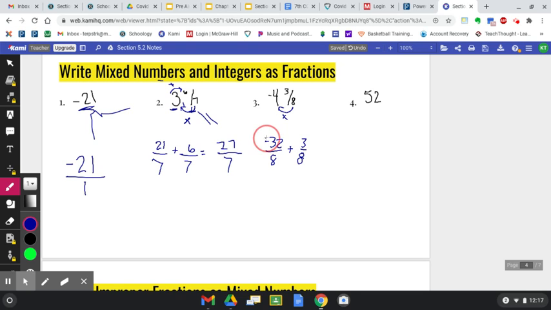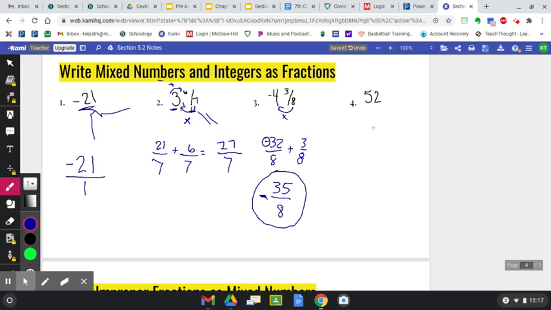If I were using my integer, so I'm just going to hold on to that because I know my whole value is negative, right? And I'm going to add 32 and 3, which gives me 35 over 8, and my number is negative. All right, so there's negative 35 over the 8 is the same as negative 4 and 3/8 left over.